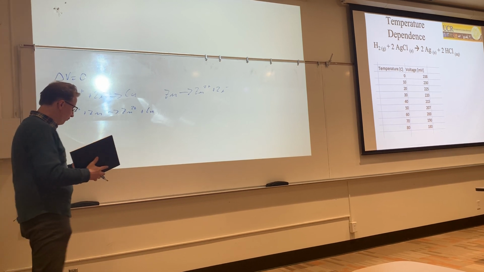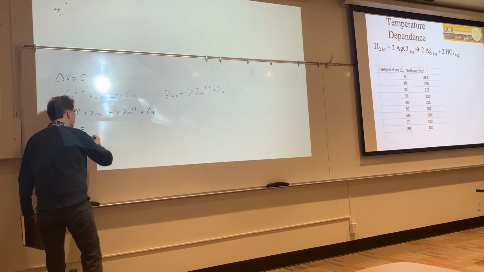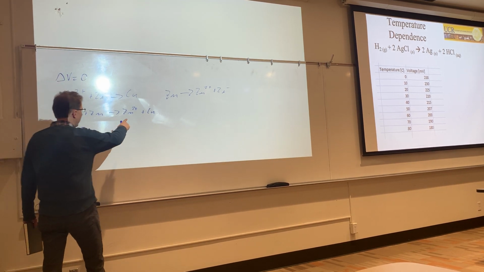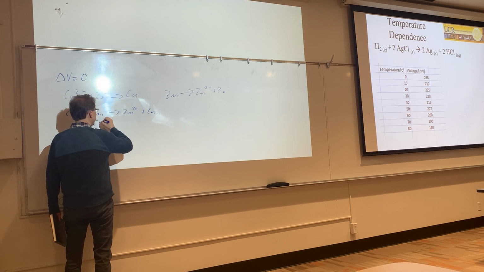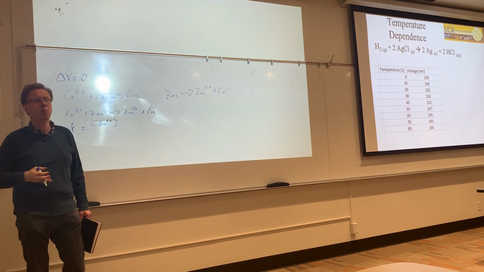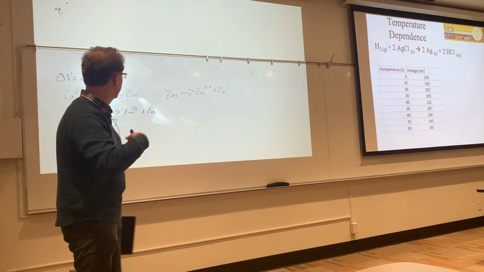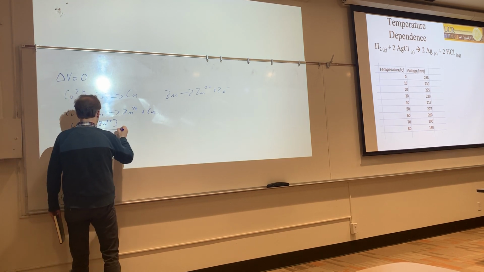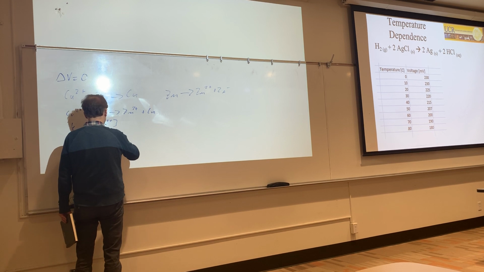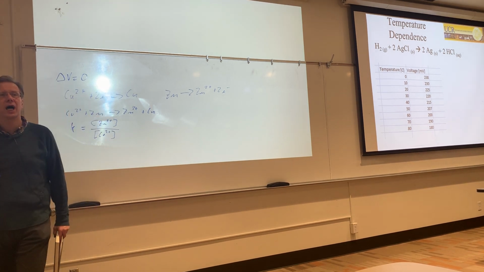Then I, of course, can define an equilibrium constant K, and that is the concentration of the products, the zinc 2+, the copper (I don't need to worry about elements, standard state, solid anyway, no concentration), over the concentration of reactants, copper 2+, and again about the zinc, I don't need to worry.